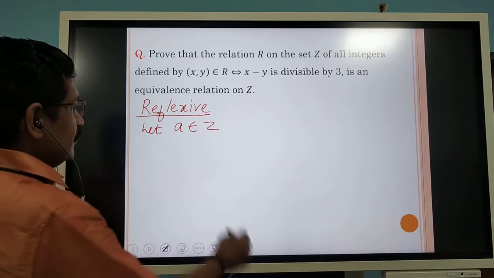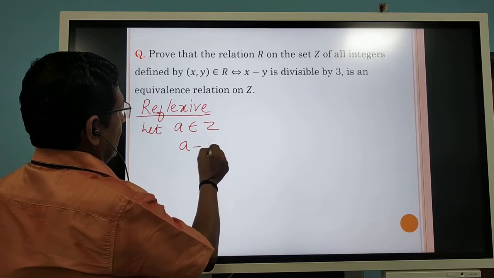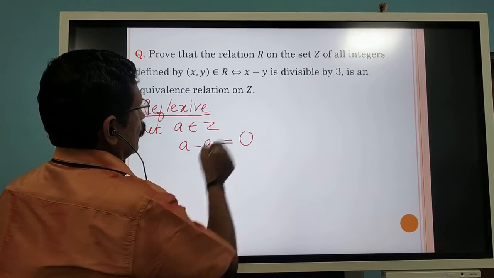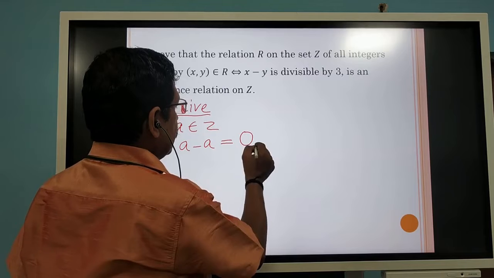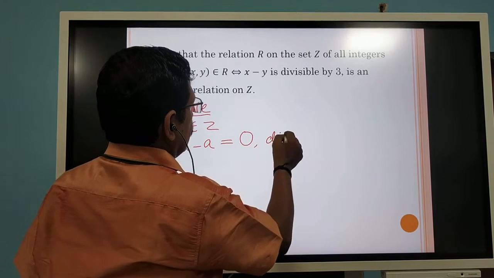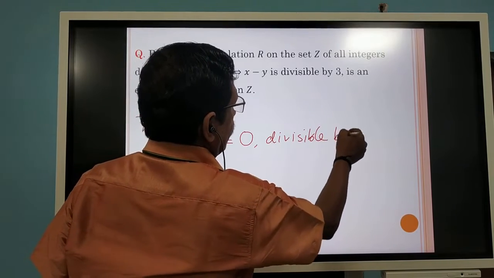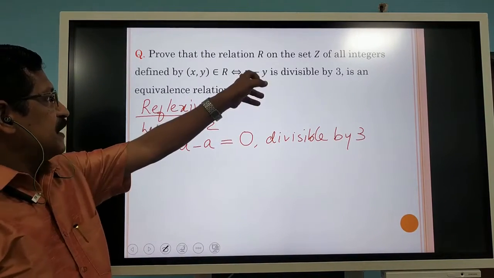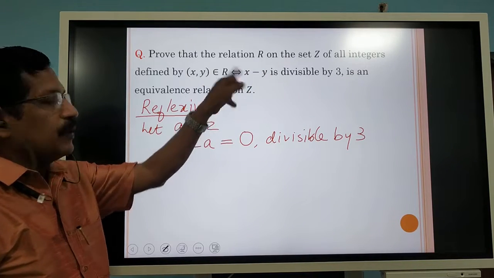Since a is an integer, what about a minus a? a minus a is equal to 0, but 0 is divisible by 3. Yes. Divisible by 3.